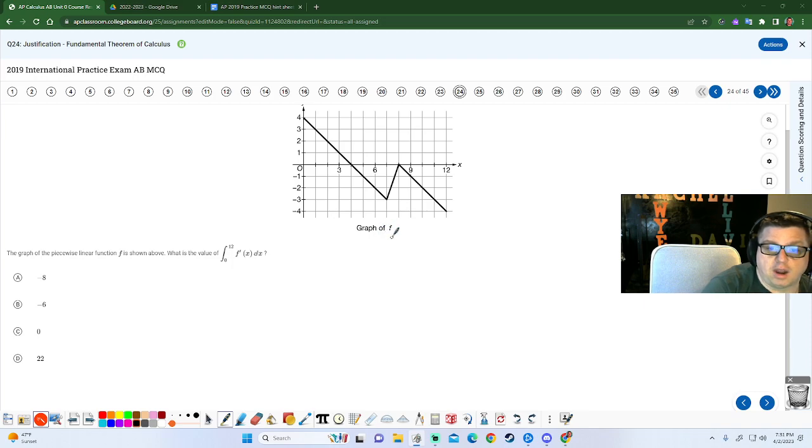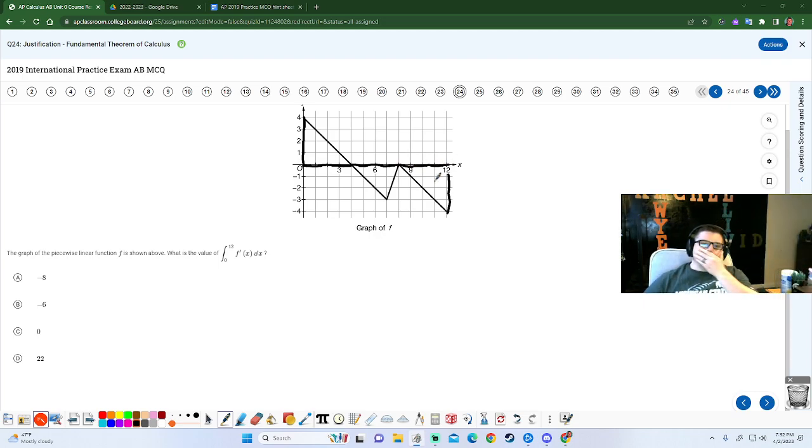So this is the graph of f. The graph of the piecewise linear function f is shown. What is the value of the integral from 0 to 12 of f prime?